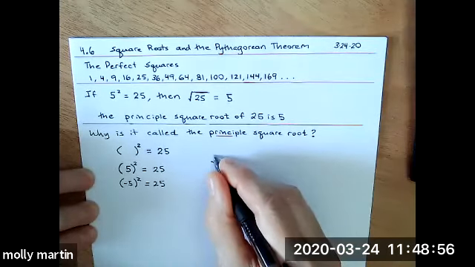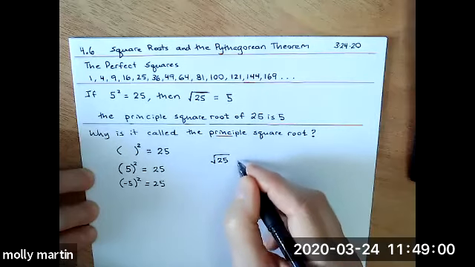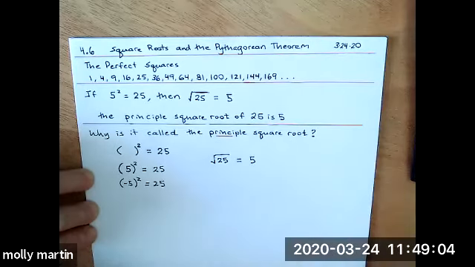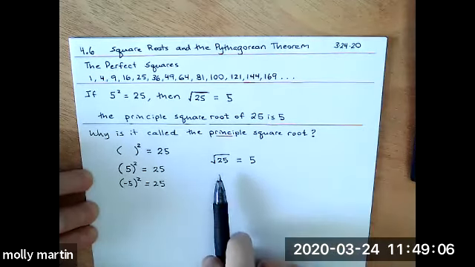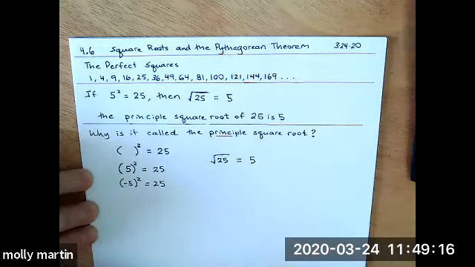So the principal square root of 25 represents the positive square root of 25. When you get into algebra, you'll need to remember that there's also a negative square root.